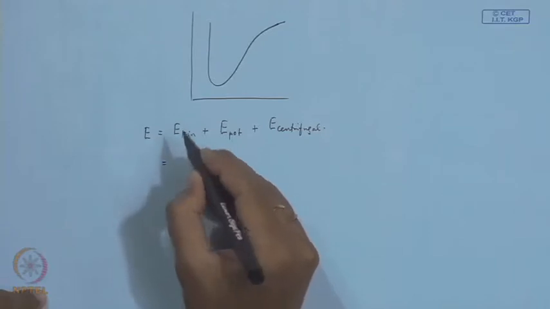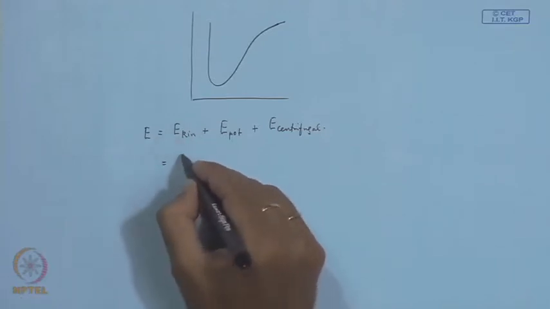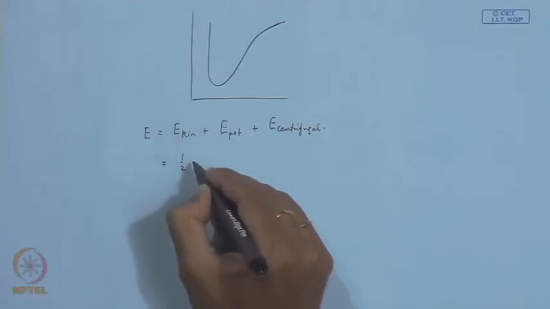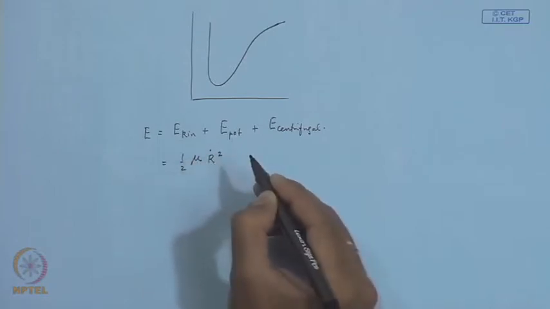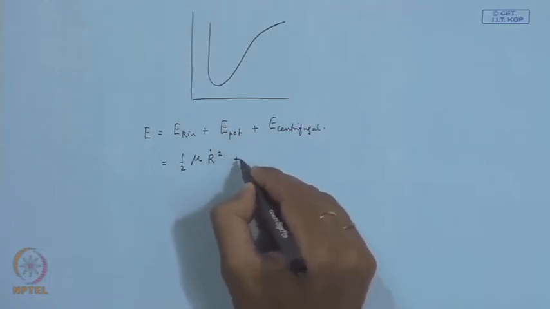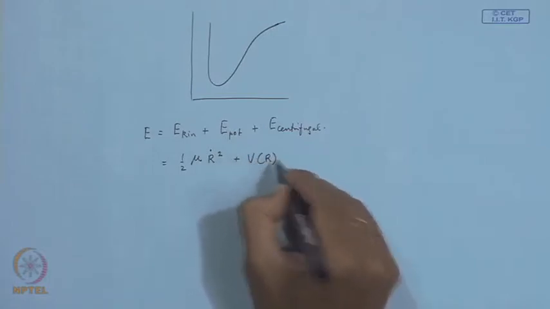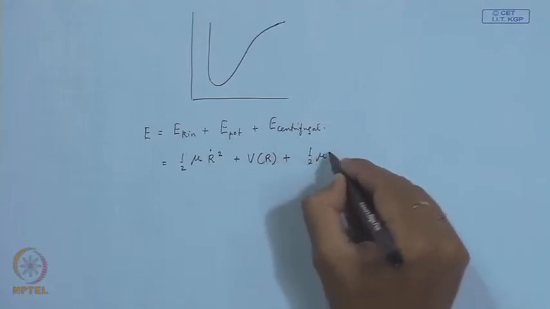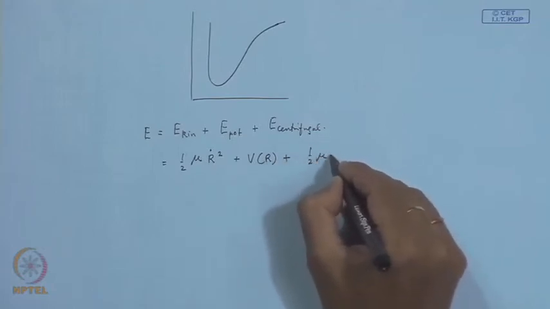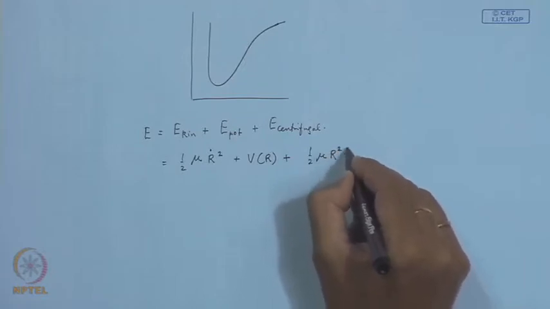You can write each component in this way: half mu r dot square, plus V r, plus half mu r square psi dot square.